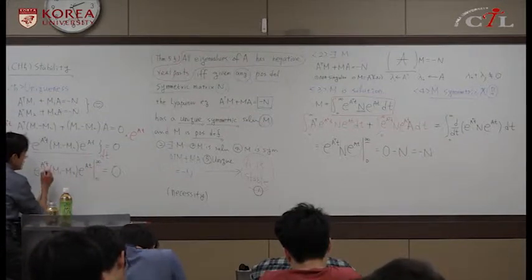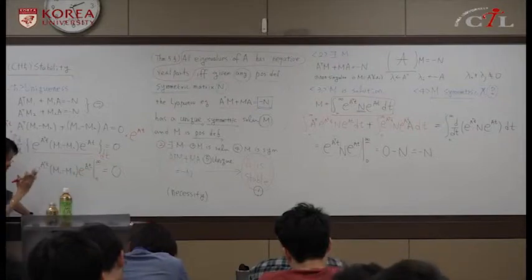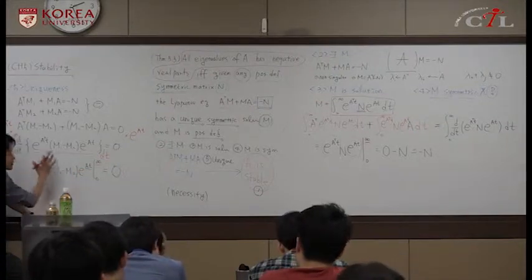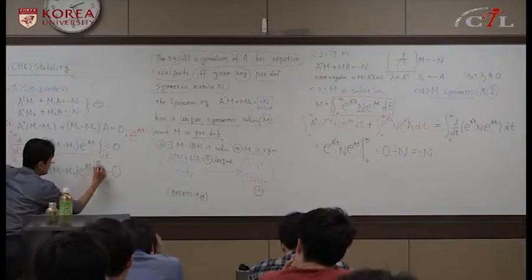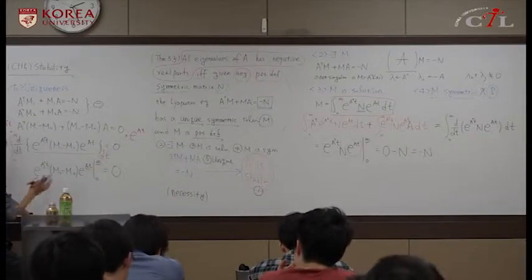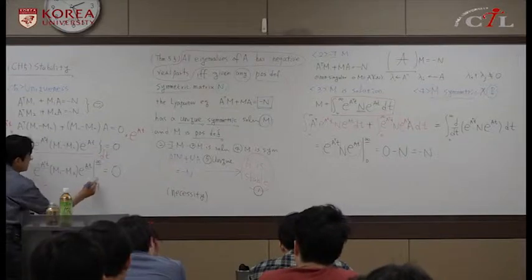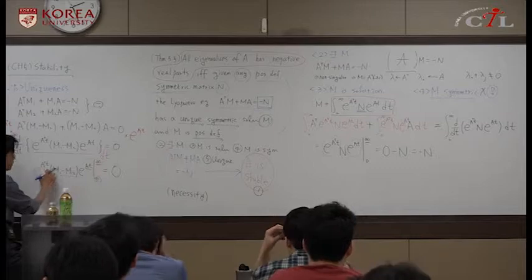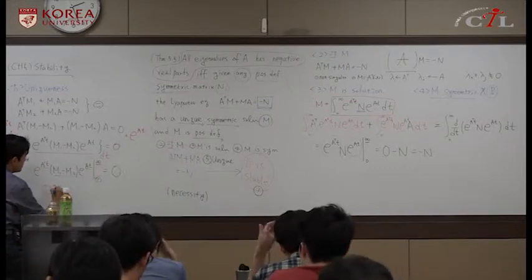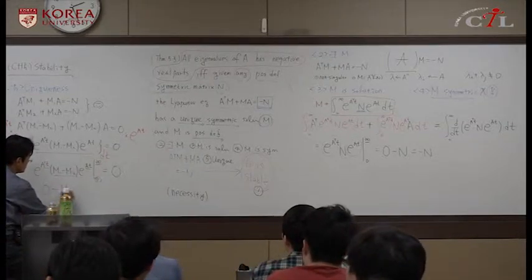If we put infinity in here, it's nothing. The whole term is nothing because A is stable. And if we put 0, then other things disappear. This is 1, this is 1. Only M1 minus M2 remains.